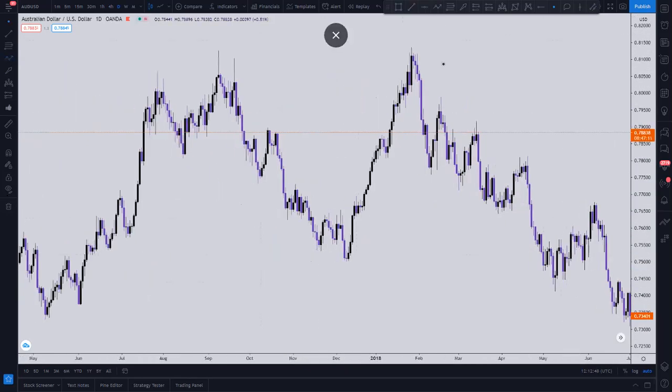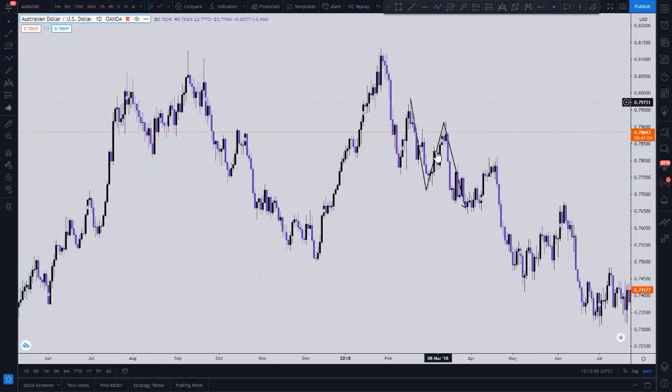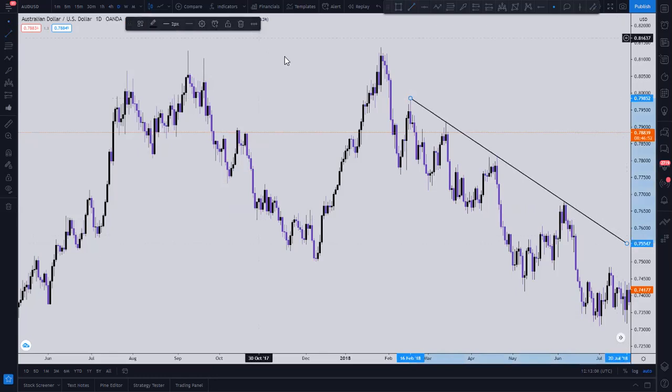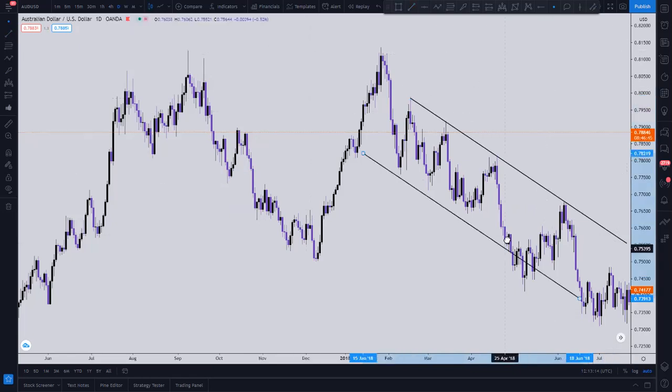So I see a perfect one here. I see a low, a comeback, and a low right here, right? So from there, I will take my trend line, because already I can spot a downtrend from there. I will just take my trend line like this, a perfect one, and then clone it, and then see if it can fit my trading criteria, right?